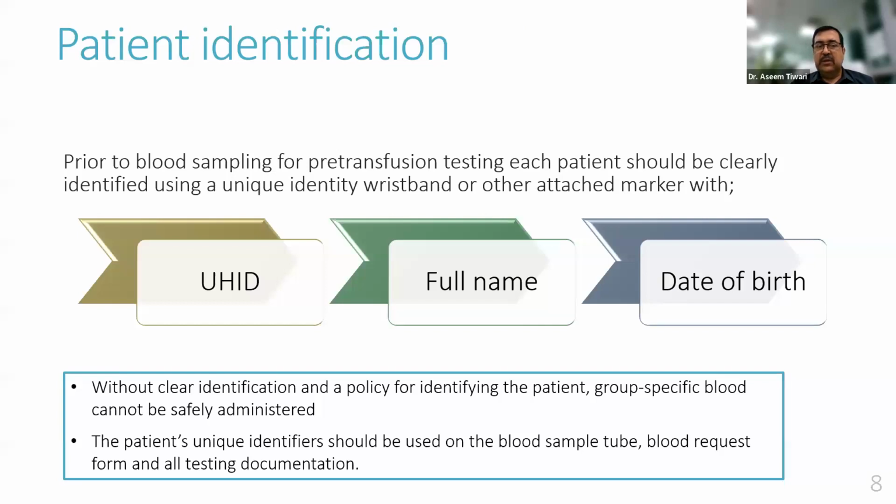So it is very important that most hospitals use two identifiers: name of the patient and unique hospital ID, written as UHID here. There can be any unique number. In our hospital, we normally call it UHID, unique hospital identification of the patient. In some hospitals where there is no UHID, then the date of birth along with the name can be the two identifiers.